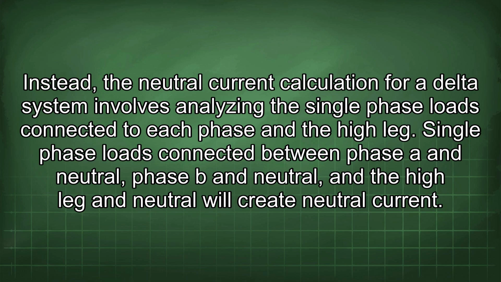Instead, the neutral current calculation for a delta system involves analyzing the single-phase loads connected to each phase and the high leg. Single-phase loads connected between phase A and neutral, phase B and neutral, and the high leg and neutral will create neutral current.